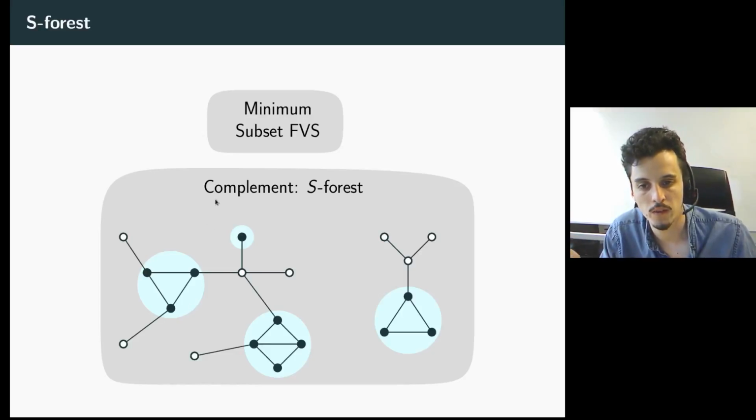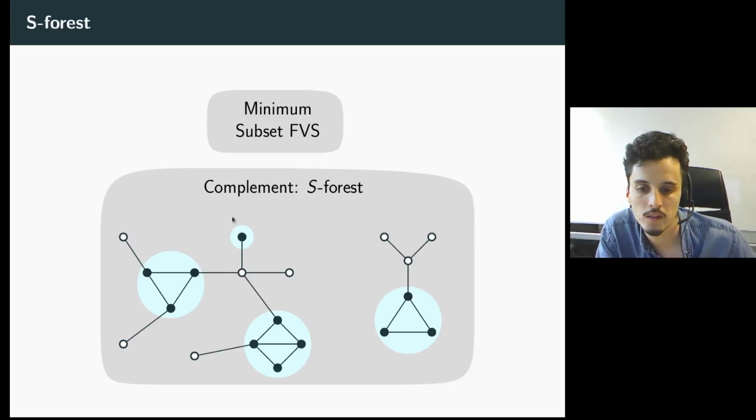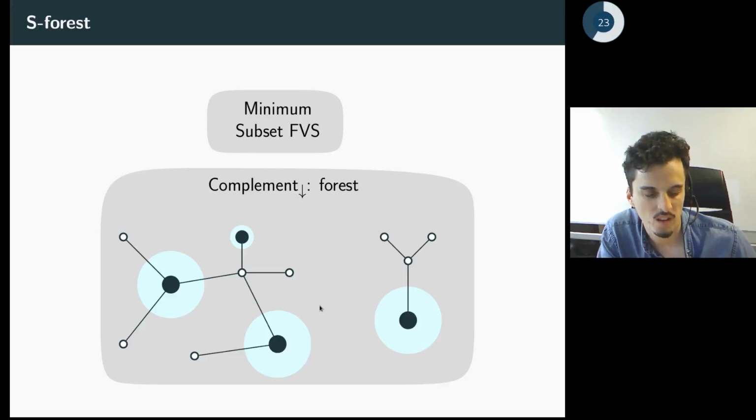Our algorithm will not try to find directly a minimum subset Fibonacci vertex set. Instead, it will try to find the maximum complement of subset Fibonacci vertex set. We call these complements S-forests. And S-forests are graphs with no cycle going through S. So this is an example of an S-forest. Recall that the white filled vertices are the vertices in S. And what you can see in this example is that when you take the connected components induced by the vertices that are not in S, the connected components in blue here, and you contract them, what you obtain is a forest.